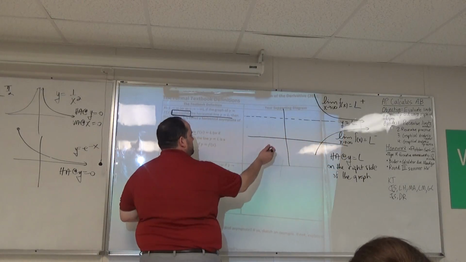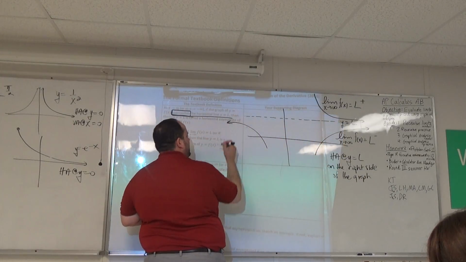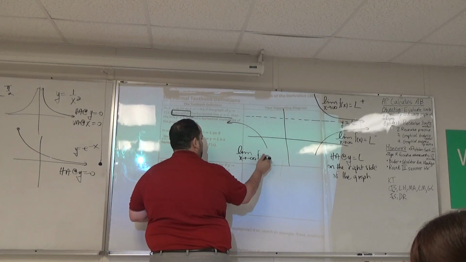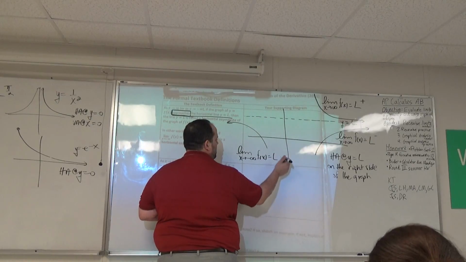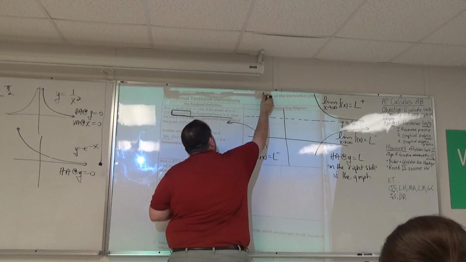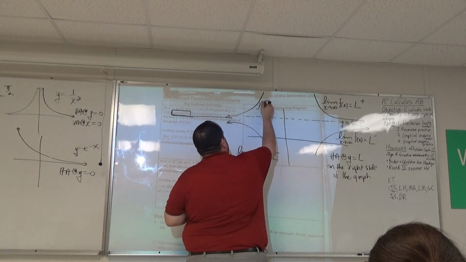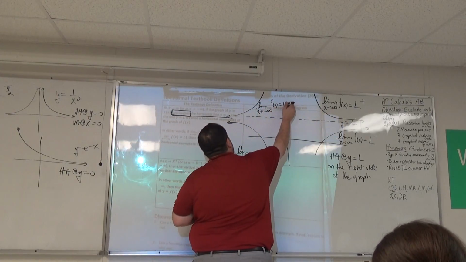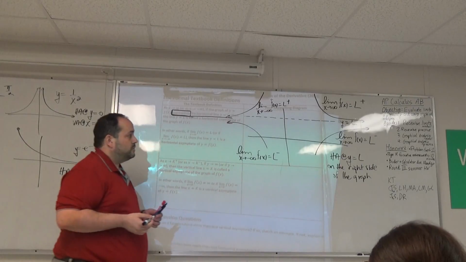I could also be approaching negative infinity, and I'd say then the limit as x approaches negative infinity of f of x equals L, but I'm approaching from below. And my graph could look like this, and then I would say the limit as x approaches negative infinity of f of x equals L, and I'm approaching from the right.